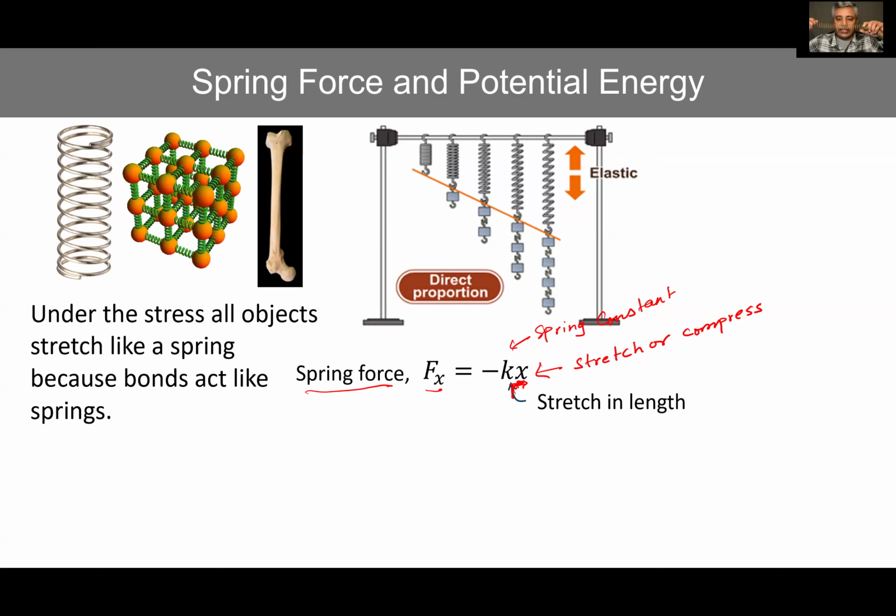And the larger the stretch, the larger the force. The force keeps changing with the x. So force is not constant. So this is variable force. So how do we find work done by variable force? Okay. So we can still use the definition of work done.